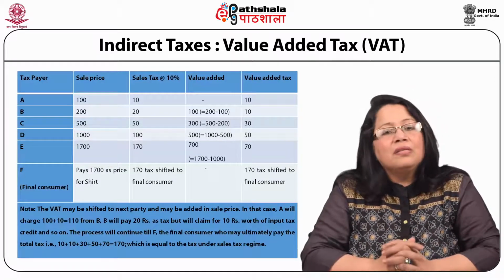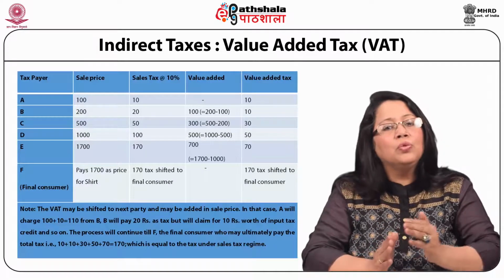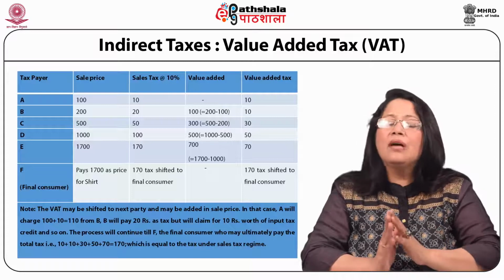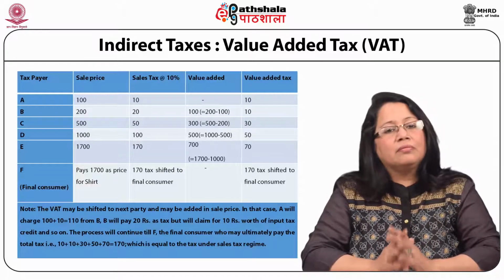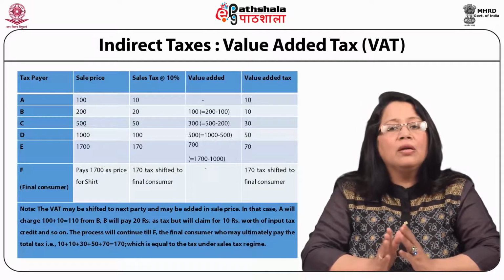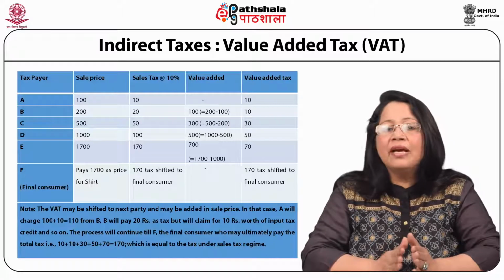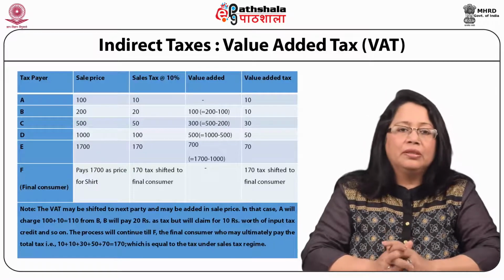The concept of cascading and input tax credit can be explained using a simple example. Let's say Mr. A produces cotton and sells it to B for rupees 100. Mr. B uses this cotton as a raw material to make cloth, which he sells to Mr. C at 200.